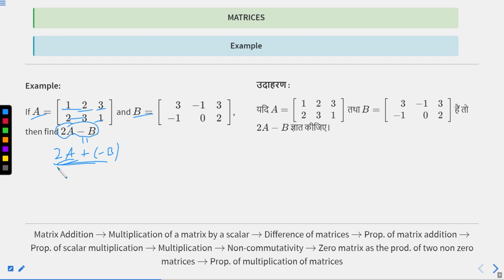Now minus b can be obtained by multiplying b with -1, which is the scalar multiple. You multiply each entry of b with -1, you will get your minus b, and then add both of your outputs.